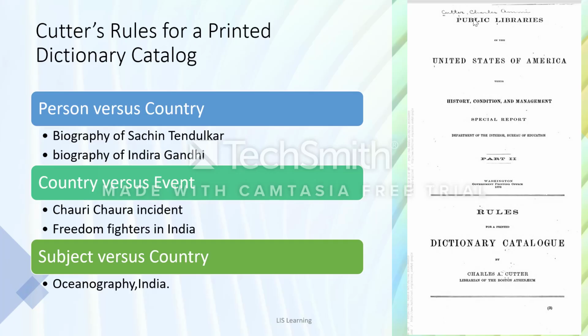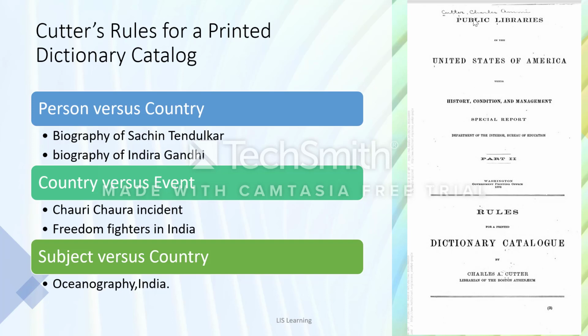There are some rules which Cutter defined in his book for deciding which concept should go under which heading. We can take the example of person versus country. If there is a biography of a single person, a personal biography, it comes under the person's entry.